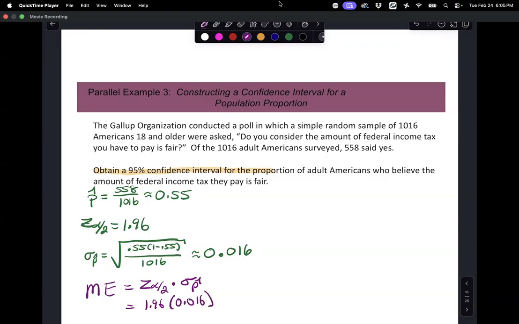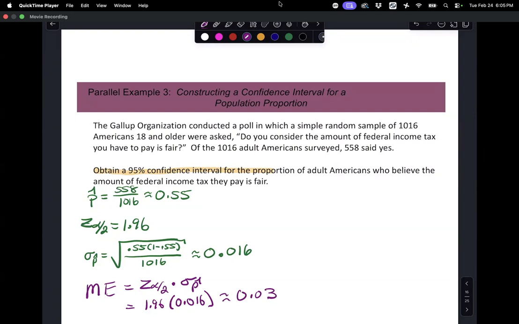This is how we're going to get our margin of error. Times 0.016, enter. Okay, this is a nice 3%. I'm comfortable with this one being 3%. Wonder if it would have made a difference if I'd have changed that. I don't know. I'm not going to play with it.